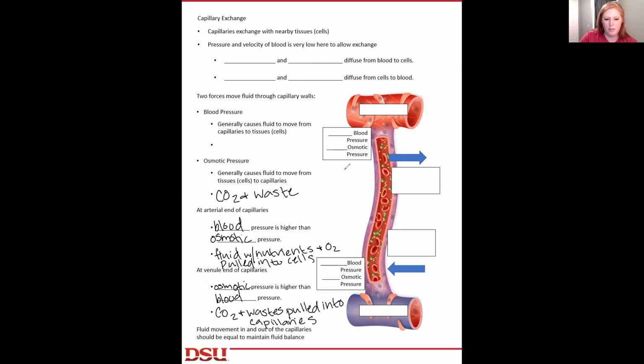Let's go up here. Let me fill this out before I talk about this last point. We've got higher blood pressure up here at the arterial end, and our osmotic pressure is low. Our oxygen and nutrients are pulled into cells because of this higher pressure.